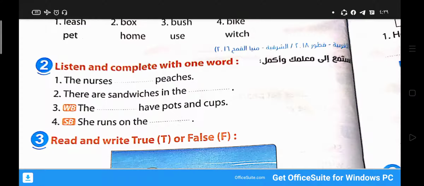Number 3. The witches have pots and cups. Witches, W-I-T-C-H-E-S. Number 4. She runs on the grass. Grass, G-R-A-S-S.